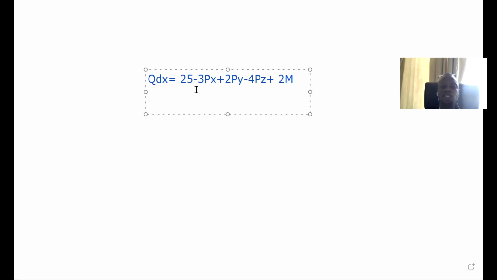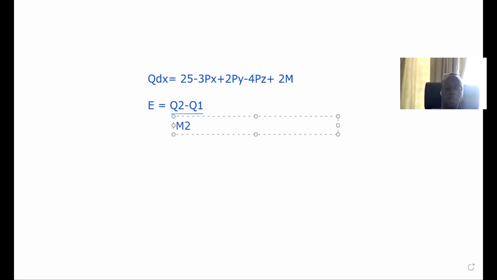So the income elasticity is going to be the change in Q, Q2 minus Q1, over the change in M, the money. So here is your M, that will be M2 minus M1, because we are doing the change. It's not own price, so it's not P2 minus P1.